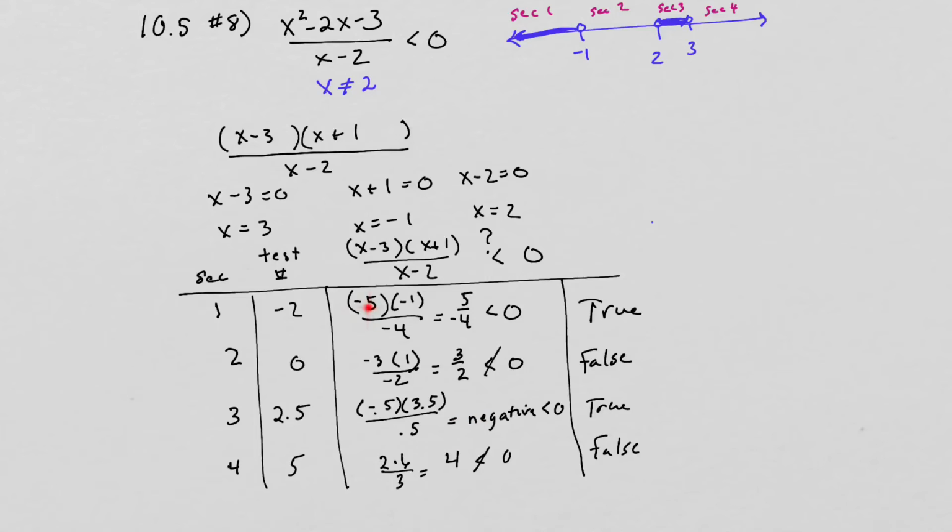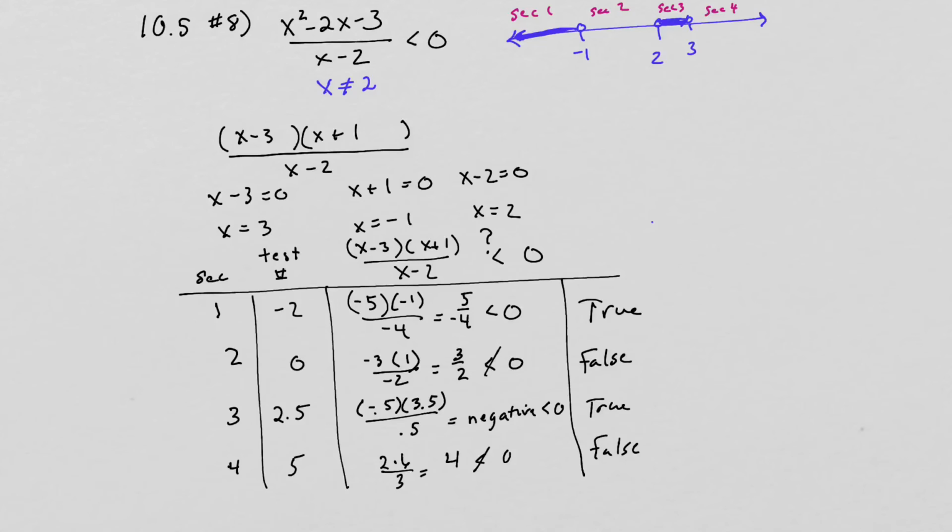So you can just focus on the signs. Negative times negative is positive. Positive divided by negative is negative, which we saw. And if you want, you can just focus on signs and not the actual numbers that you get. Whichever way makes more sense to you. You're just checking each section of number line. All the numbers in each section either make the inequality true or they make the inequality false.